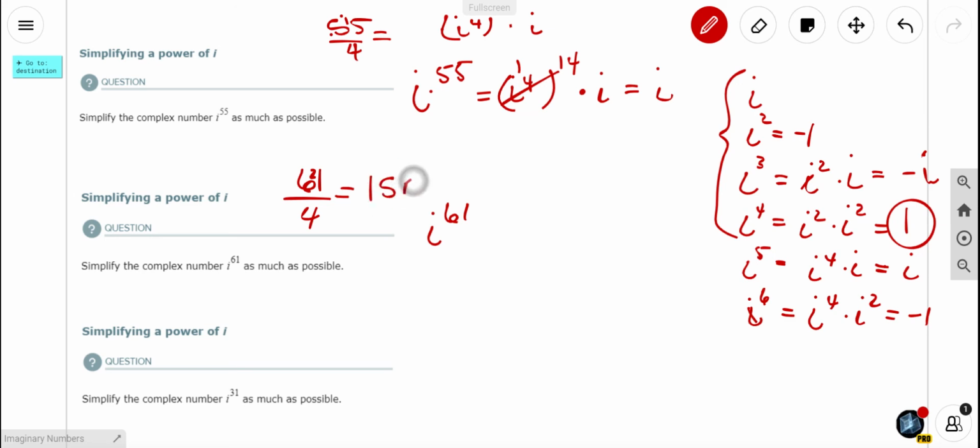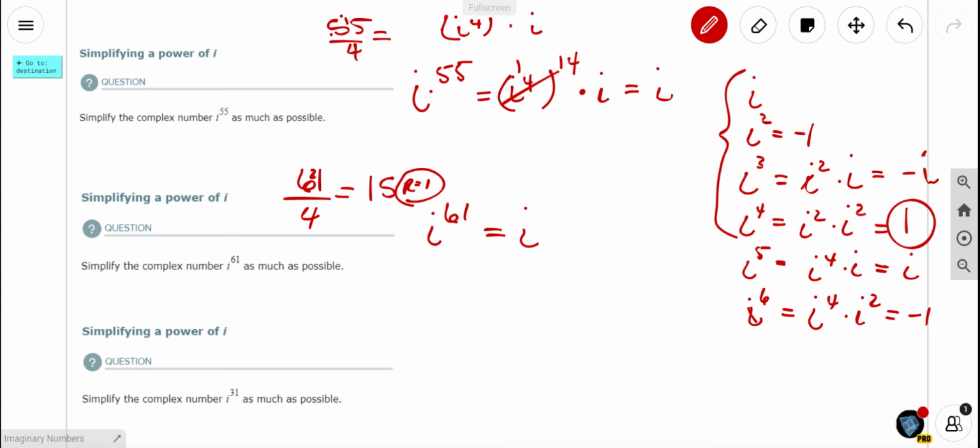The remainder is 1. So this is very similar. i to the 4th is going to take out all of them. It goes in there 15 times and there's only one i remaining, which means that this simplifies to simply i.